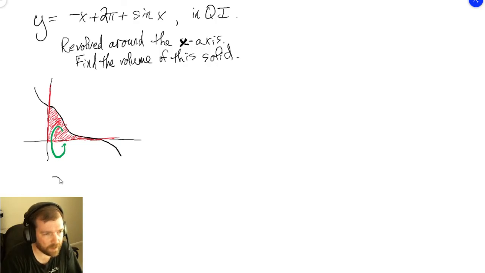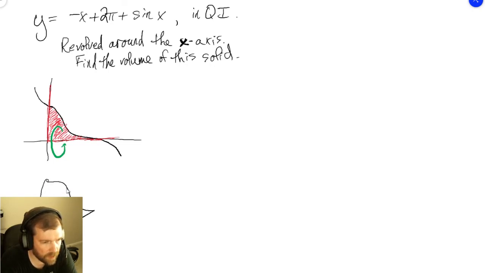If I can, I will attempt to draw this quite horribly. Alright, so these will be kind of like the contour lines of this particular solid.